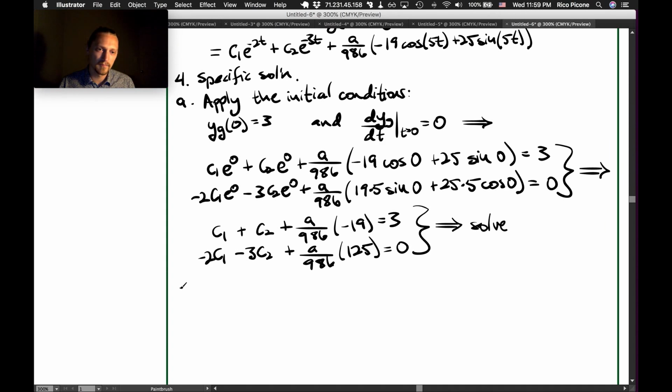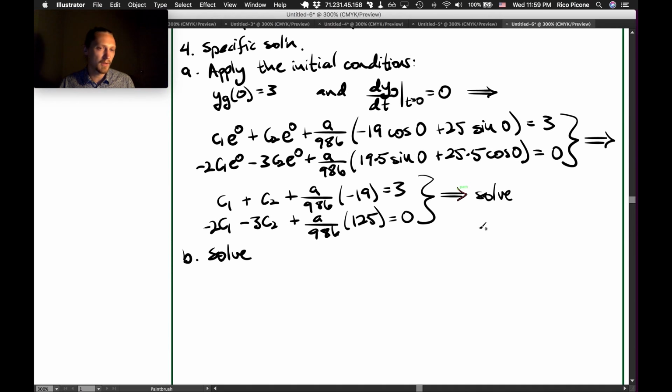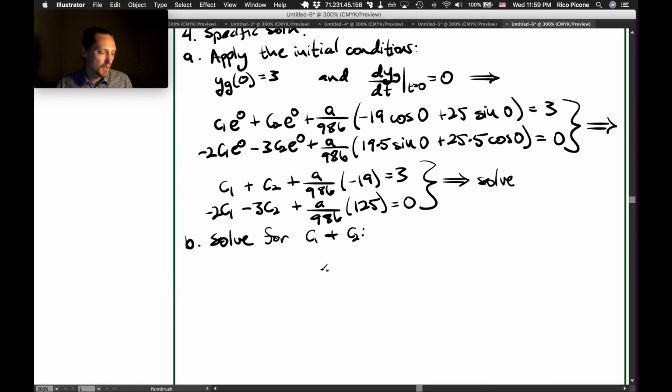So B actually is solve. Foreshadowing. Solve for C1 and C2. And I used elimination here. You can use whatever you like.